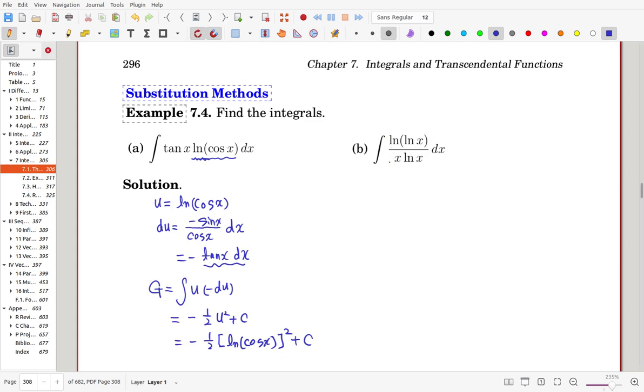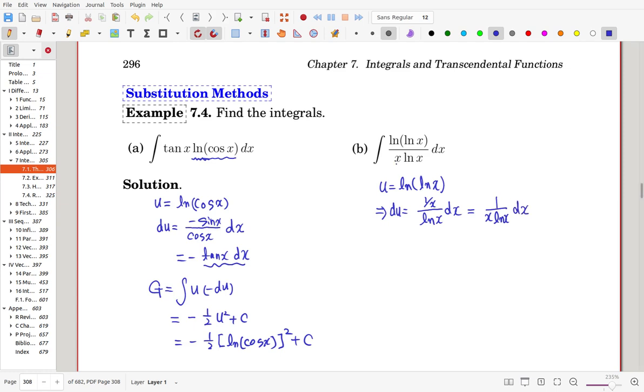Also for this one, that term can be u. U is logarithm of x. Then here du must be, in the bottom f of x and its derivative, that is the same as 1 over x logarithm x dx.